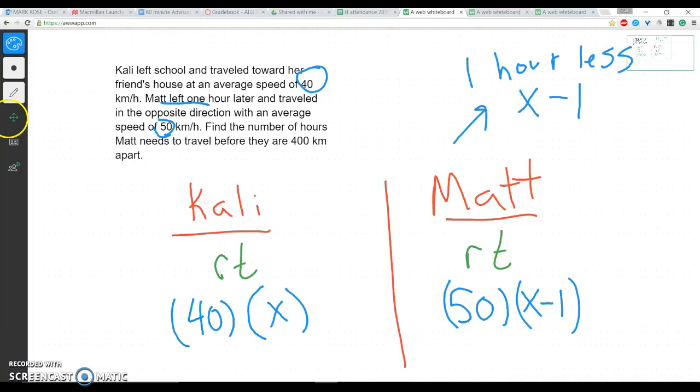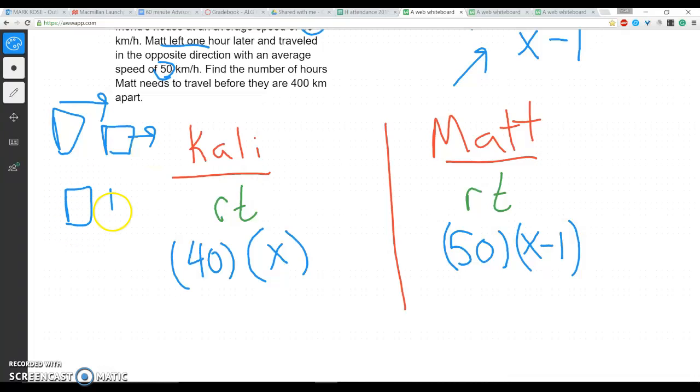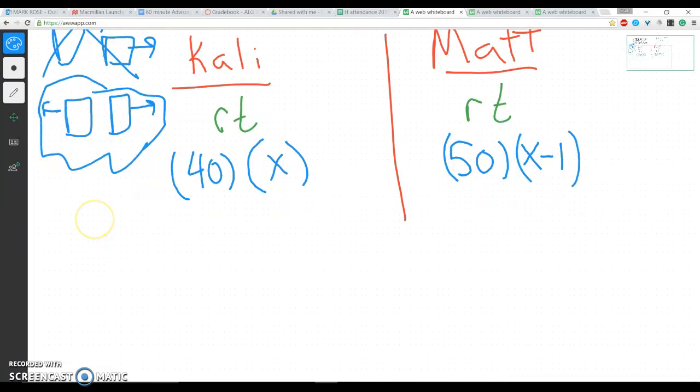Now the last step is I'm going to figure out what type of problem it is. Is it cars coming together, or is it cars going apart? When I read, they're going in opposite directions. So this one's not correct. So it's cars going apart. I made somebody that looks like they're wearing glasses, but it's cars going apart.